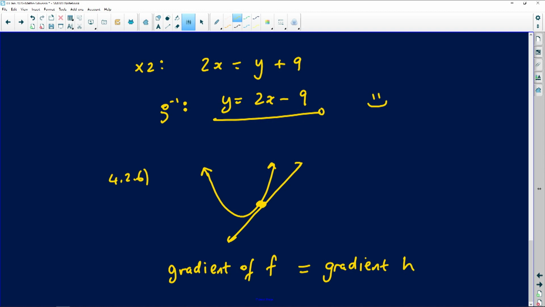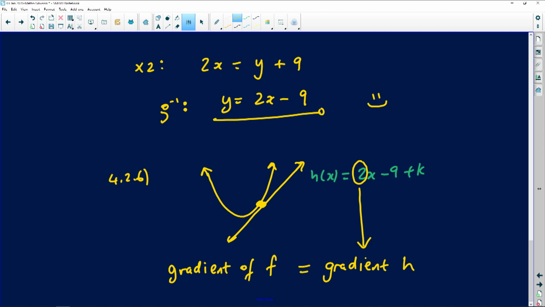Now let's find the gradient. The gradient of the straight line is easy. We just found that this graph of h has the equation h of x equals 2x minus 9 plus k. Since k is a constant, we can clearly see that the gradient of this is just going to be 2. So I'm just going to throw it there as the gradient of the graph h.